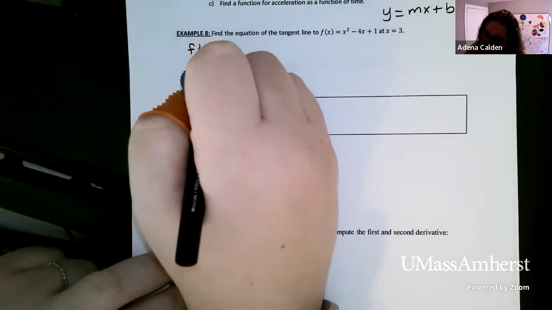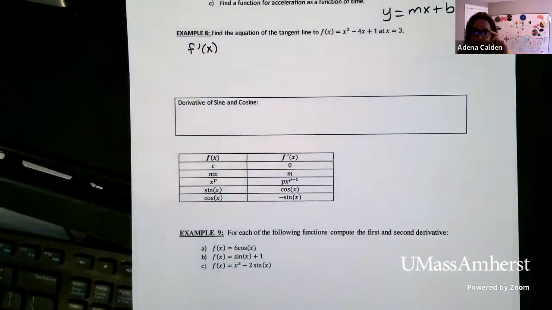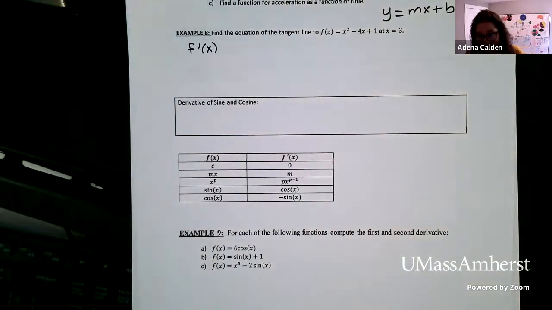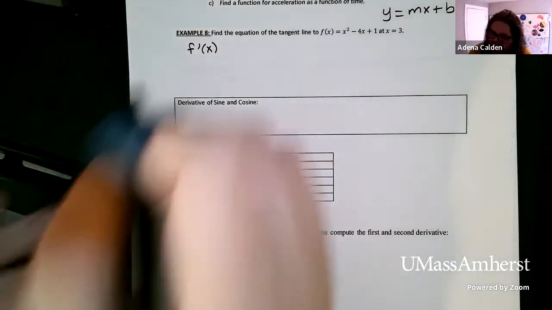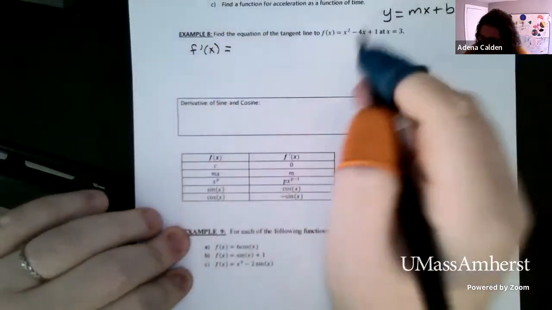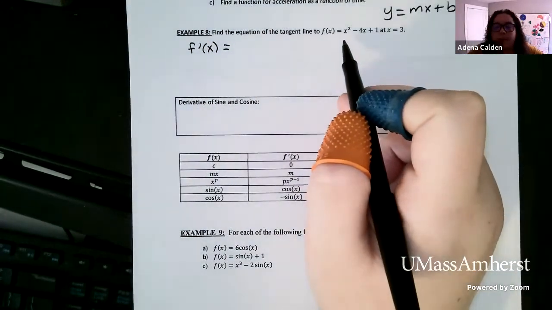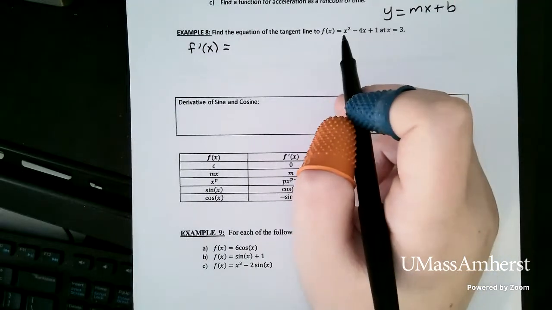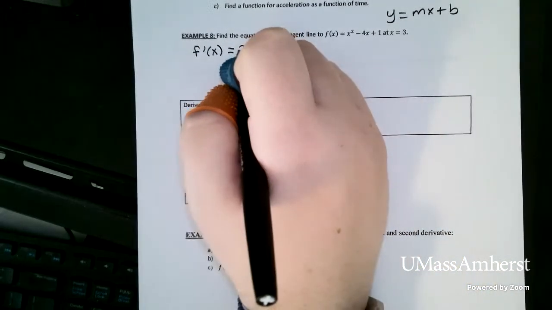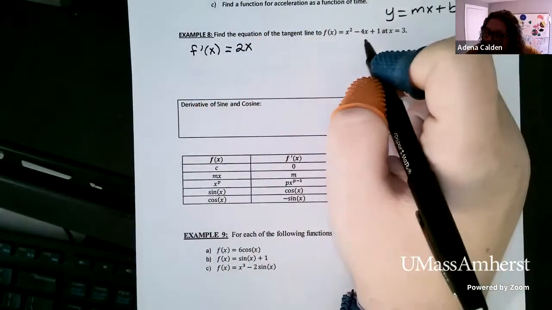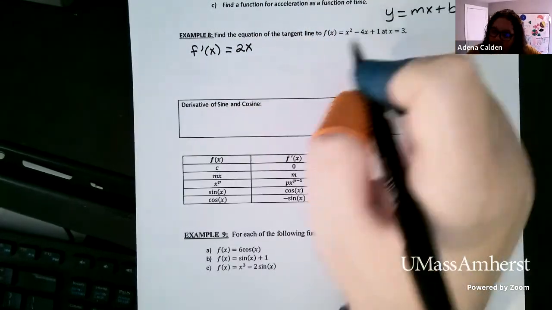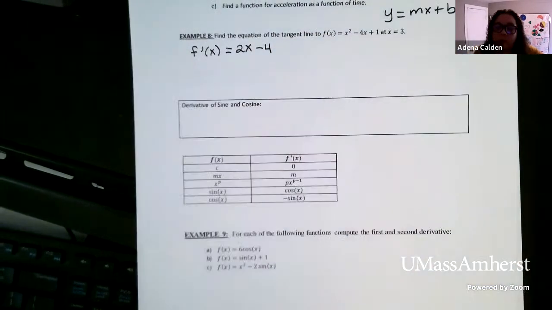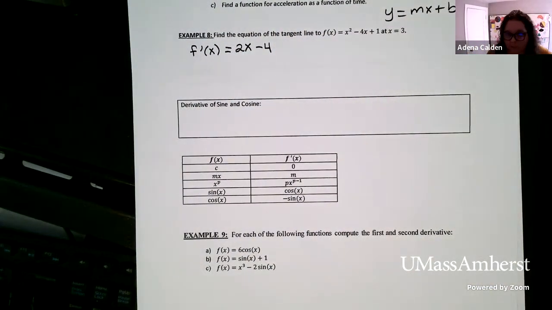We know that the derivative gives us the slope of the tangent line. We also know how to find the derivative function based on what we've been doing today. If we find the derivative of this function, we go term by term. The derivative of x squared is 2x. The derivative of 4x, a linear term, is 4. And the derivative of 1 is 0 because that is a constant.